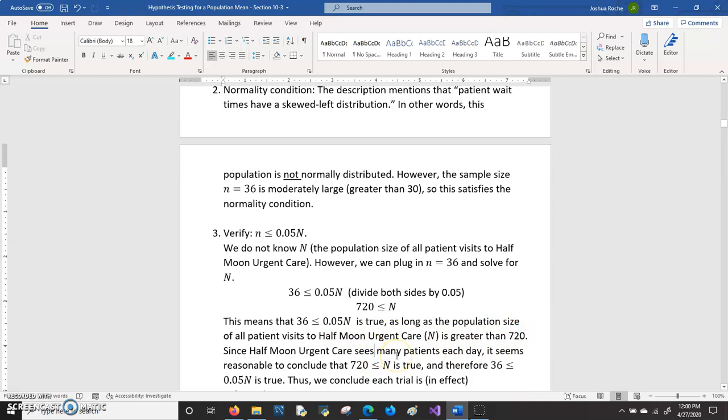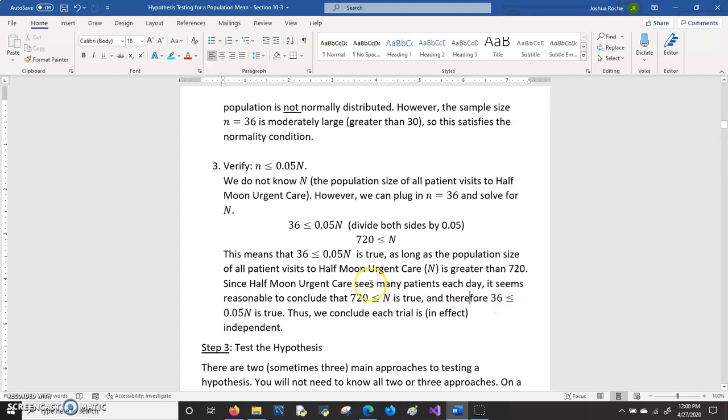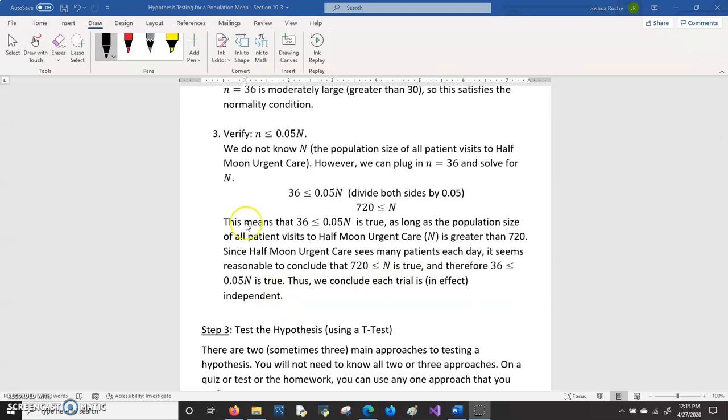And since this urgent care sees many patients each day, it seems pretty reasonable to conclude that the population of all of their patient visits is more than 720. And therefore, this is true, that the sample size is less than 5% of the population size, and therefore we can conclude that each trial is in effect independent.